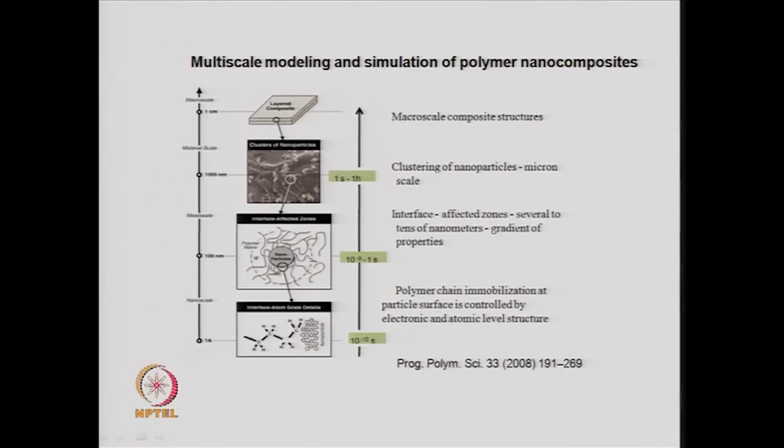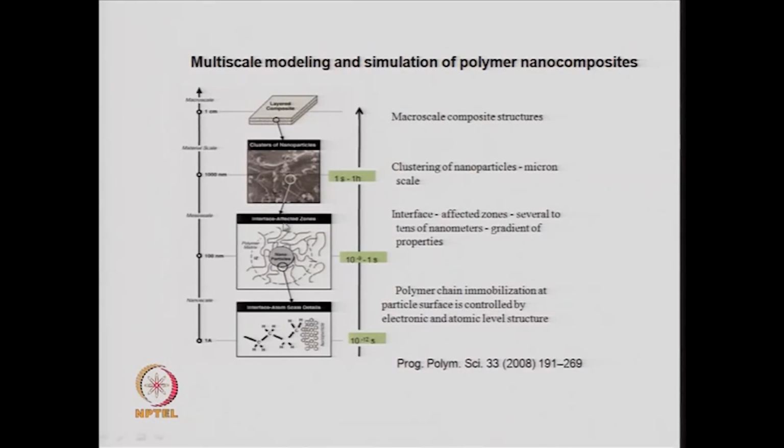And then if you go further down within the nanoparticles, you will see atomic distances. So, different length scales are involved. You have atomic length scales which are sub nanometer, you have nanometer sized length scales, you have micron sized length scales, and then you have hundreds or thousands of micron length scales which is visible to the naked eye.